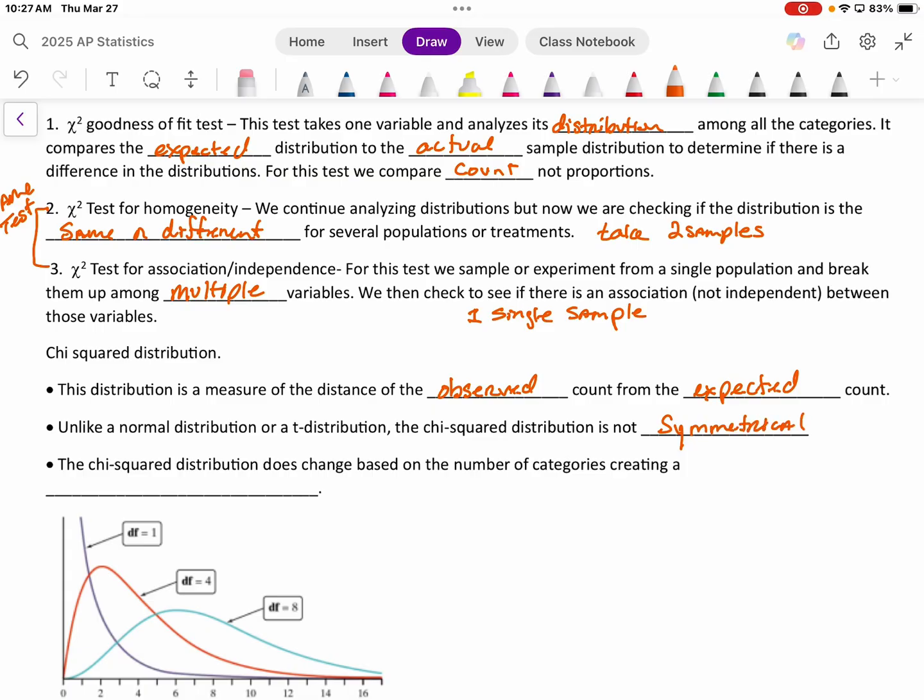The chi-squared distribution does change based on the number of categories. Notice we didn't say sample size. It says categories, and this creates our degrees of freedom.